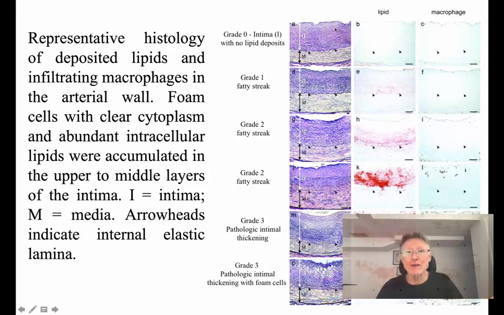So now that we know this, to the right of this first column we have the amount of lipids that you can see there, and also the infiltration of macrophages. Macrophages are cells from the immune system that infiltrate when there is inflammation, an inflammatory response, for instance.